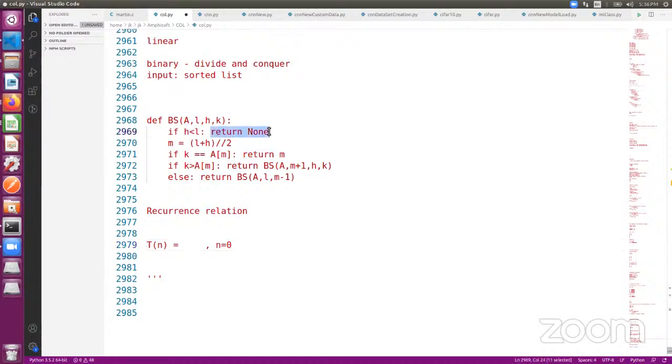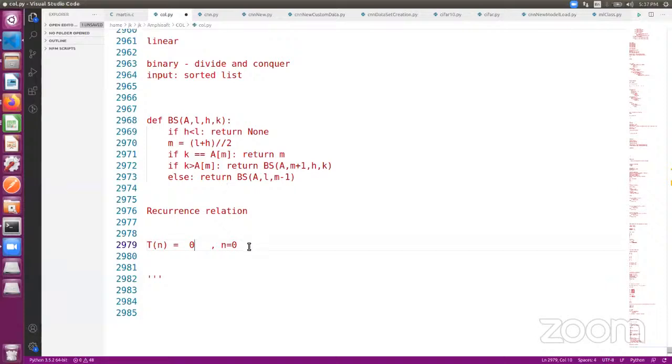Nothing, right? We simply return none. For returning, we are assuming that there is no time taken, so the time taken would be 0. Understood? If the number of elements is 0, we're not going to proceed at all, directly return none. So time taken is 0.